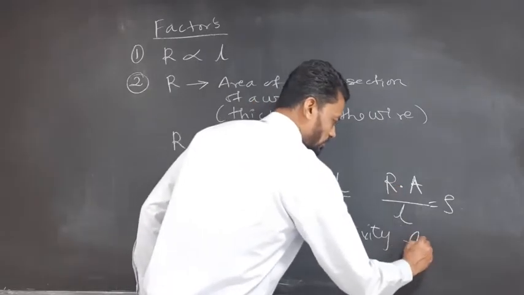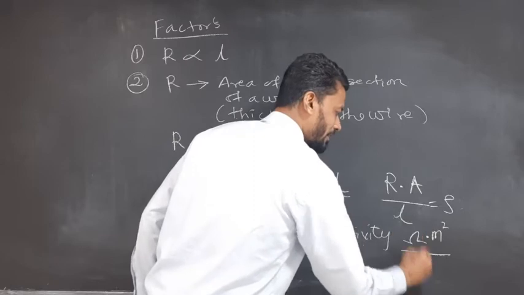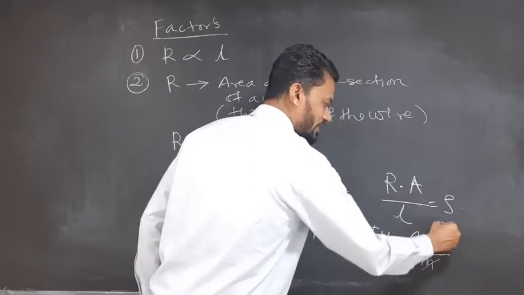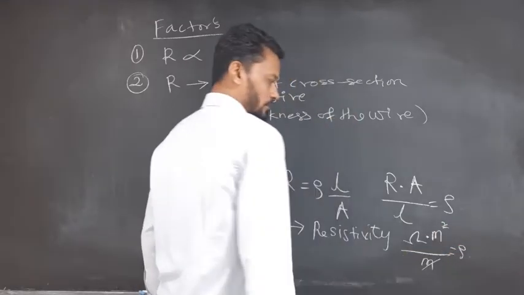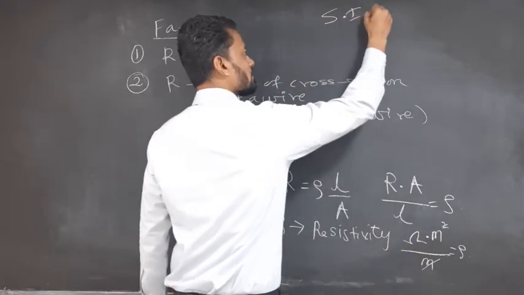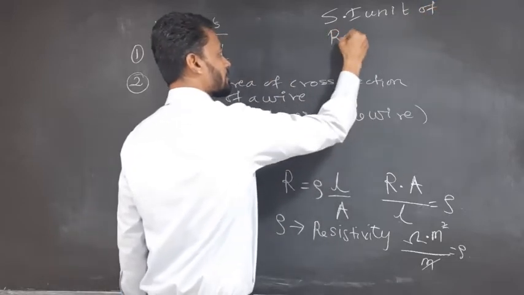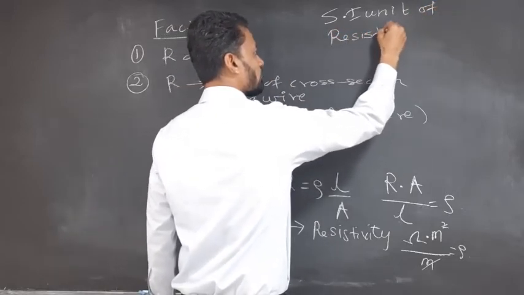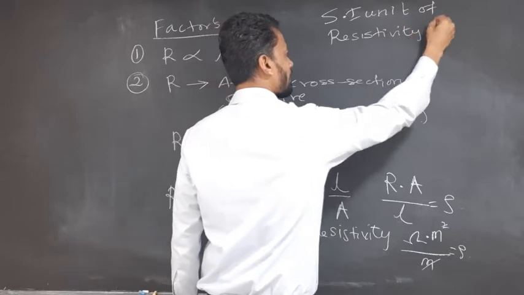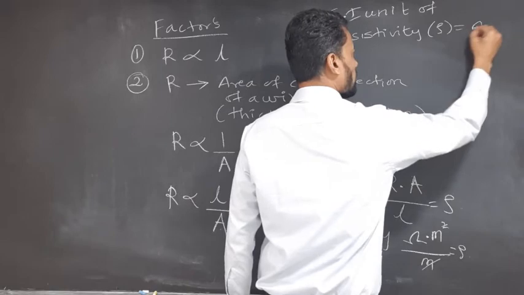Resistance is measured in ohm, area is measured in meter square, and L is measured in meter. So this and this get cancelled, equals rho. Therefore the SI unit of resistivity is ohm meter.